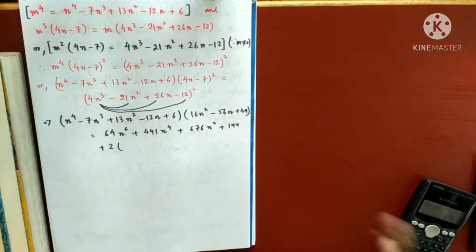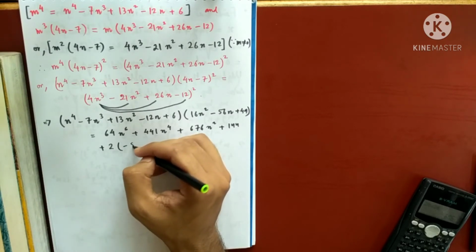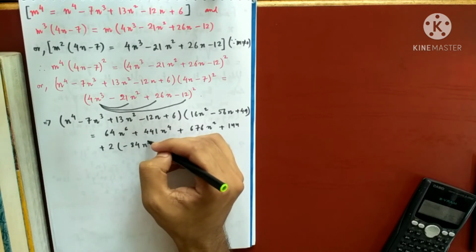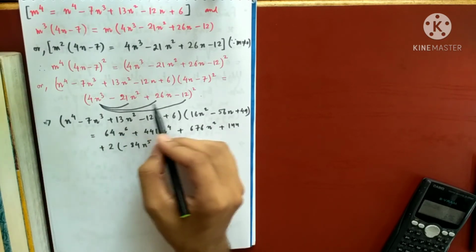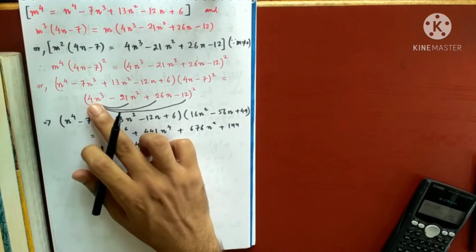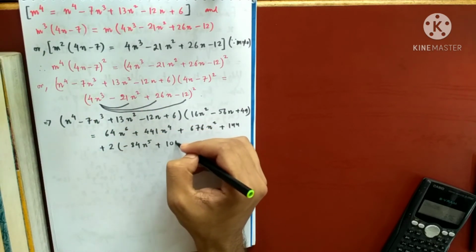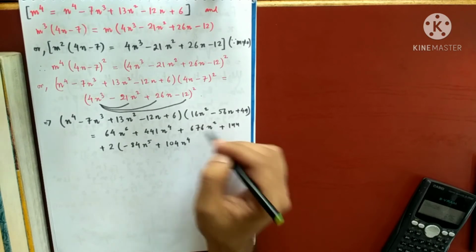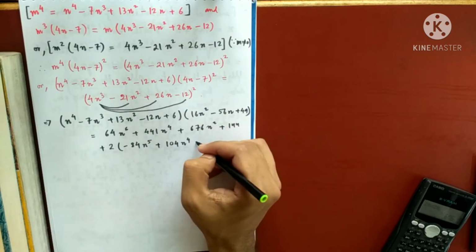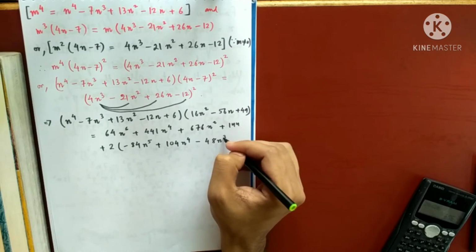This into this, 21 into 4 is 84 and minus. So minus 84 n to the power 5. This with this, that means plus 4 into 26 is 104 n to the power 4. This with this, minus 4 12s are 48 n cube, right?